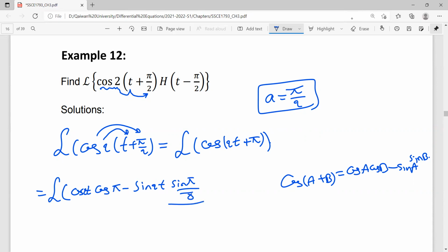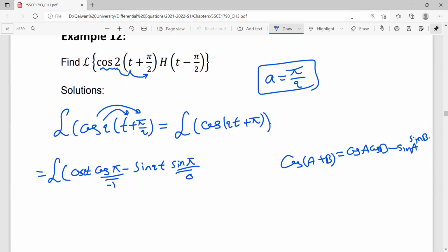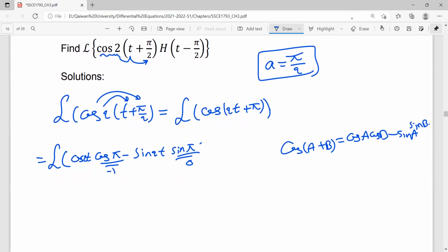Sine pi is 0, so this term all becomes 0. And cosine pi is negative 1, sorry. It's negative 1. We say it equals the Laplace transform of minus cosine 2t.